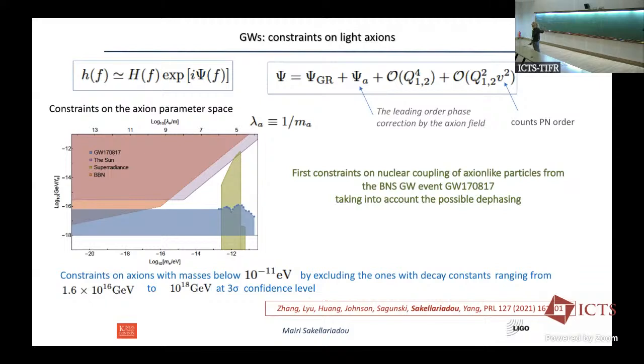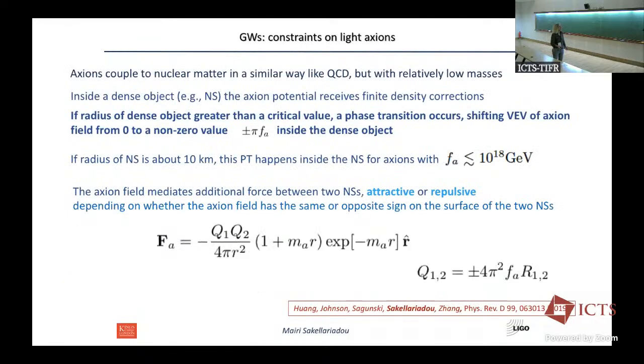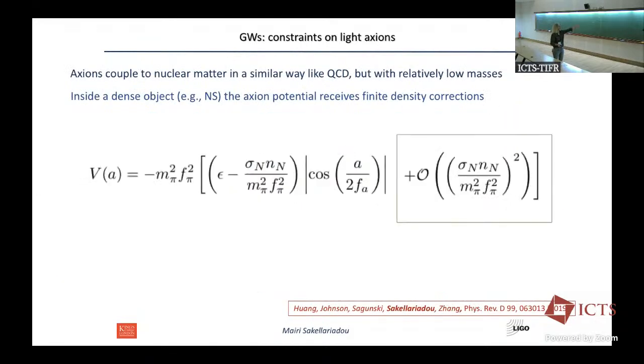If you can write the potential of that form, then it's fine. The green part is the correction which you have inside a compact, dense object like a neutron star. It's like a QCD axion, if you accept the mass to be low.